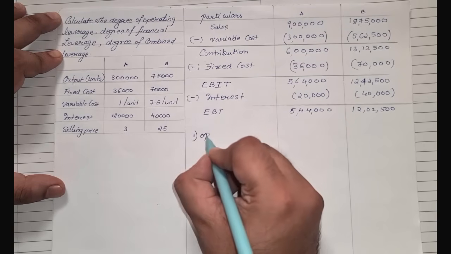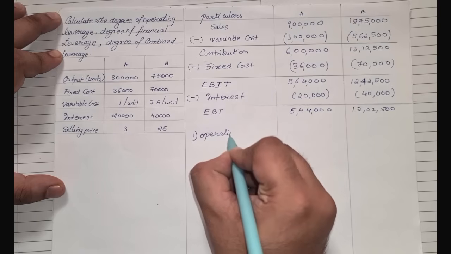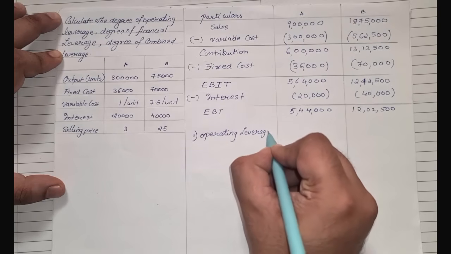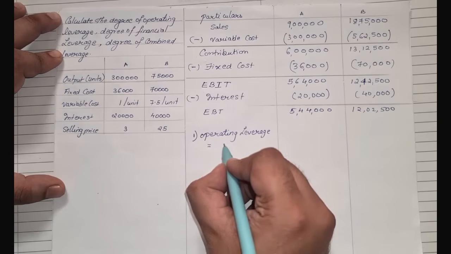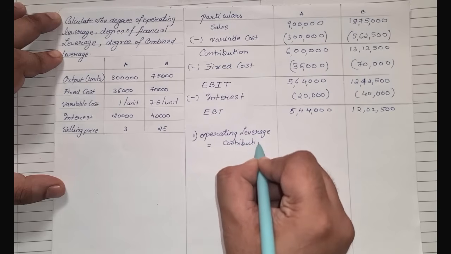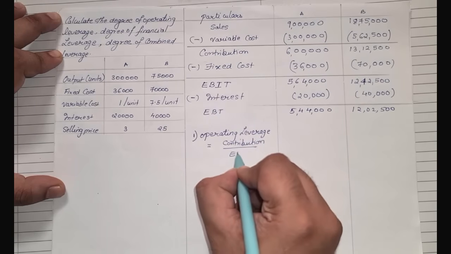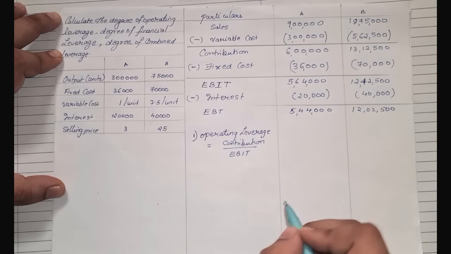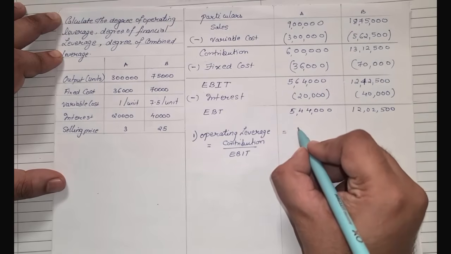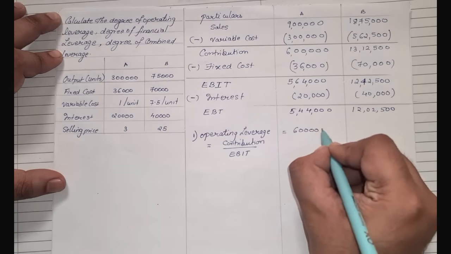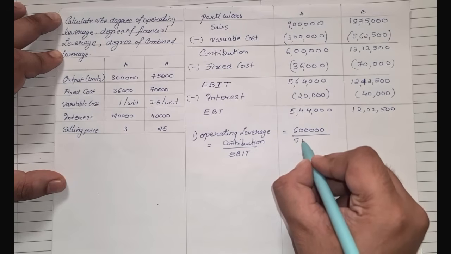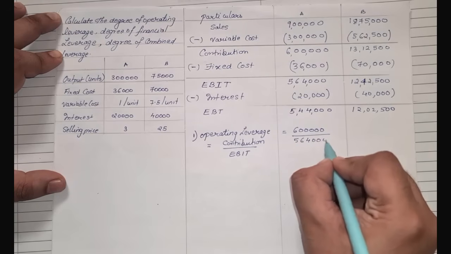So we'll write here, operating leverage is equal to contribution upon EBIT. For company A, the contribution was 6 lakhs and the EBIT was 5,64,000.